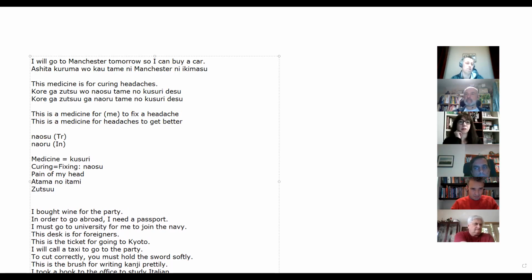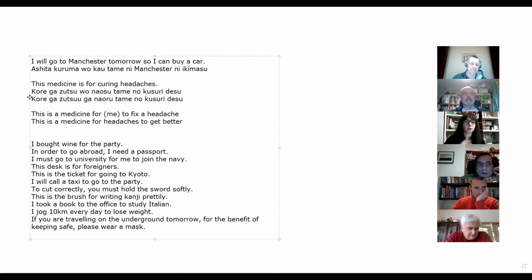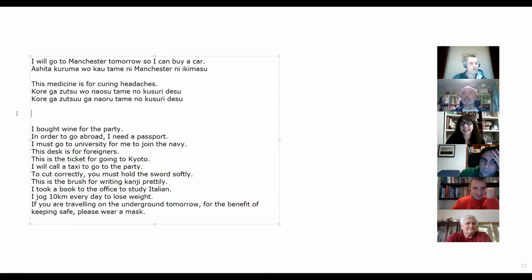This is just the difference in the sentences. But as I said, if you say this one, it's not grammatically incorrect. It's absolutely fine. You would be completely understood. It's just that this one sounds a bit more like an adult speaking. Okay, good.